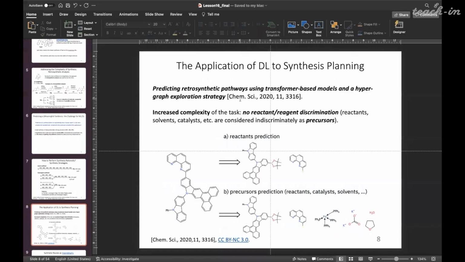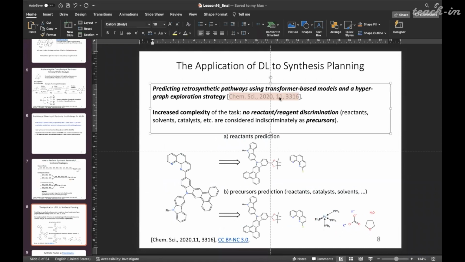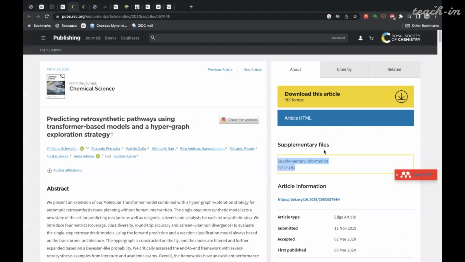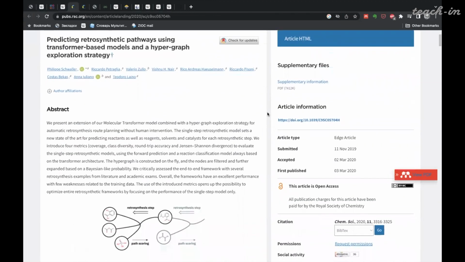This work can be easily accessed on the journal site, and it's open access.